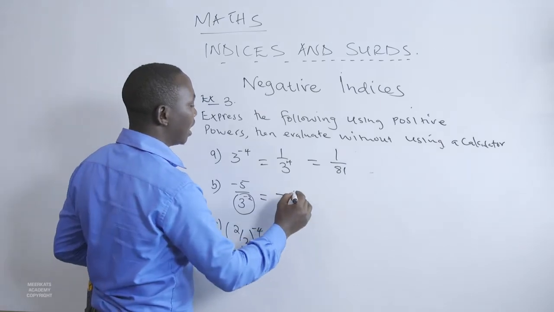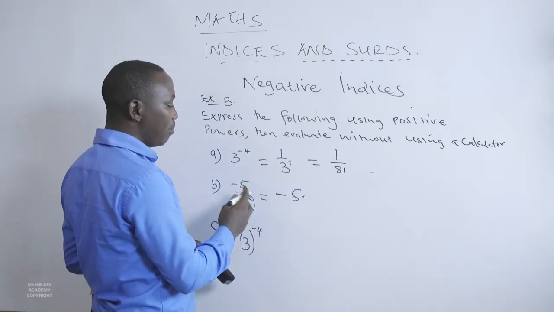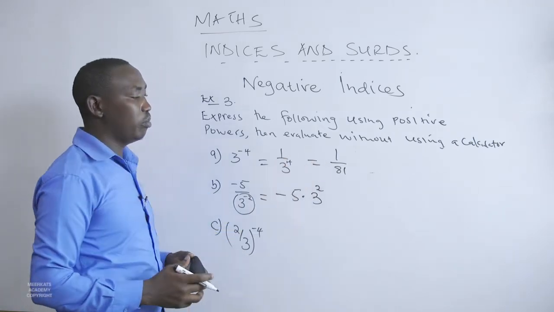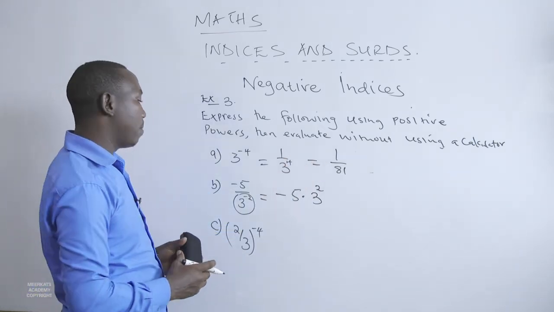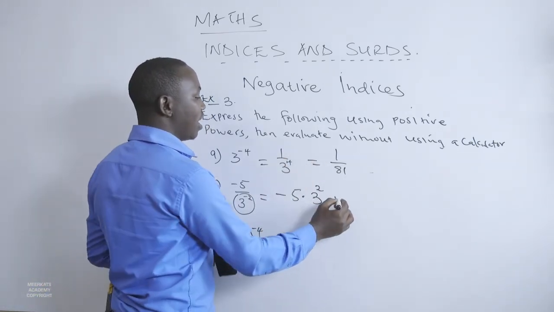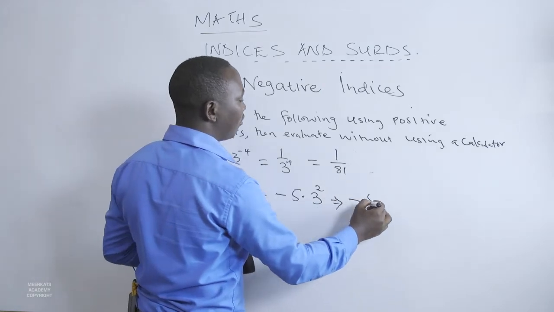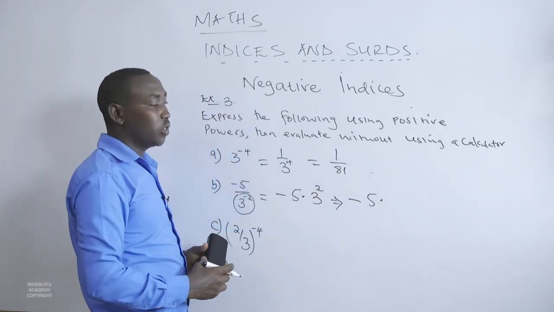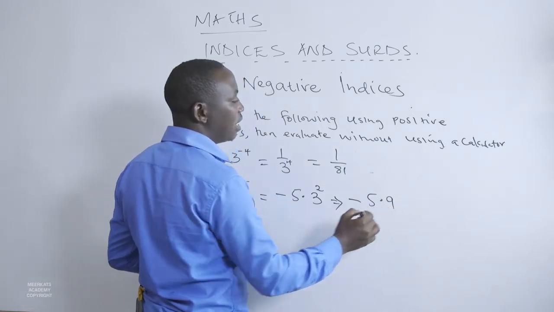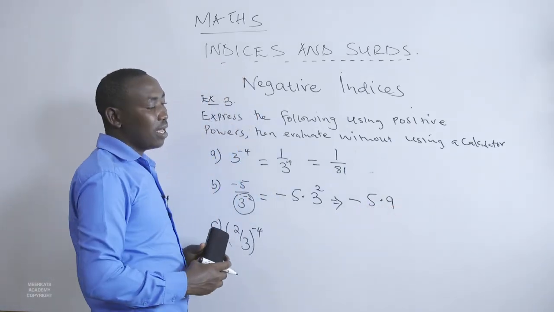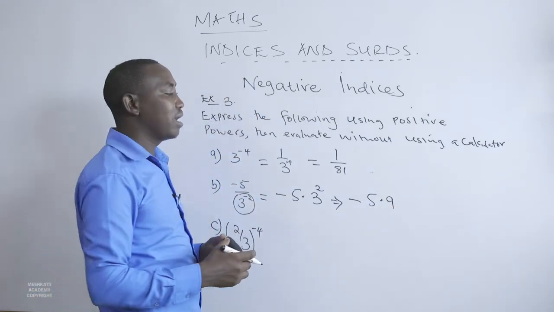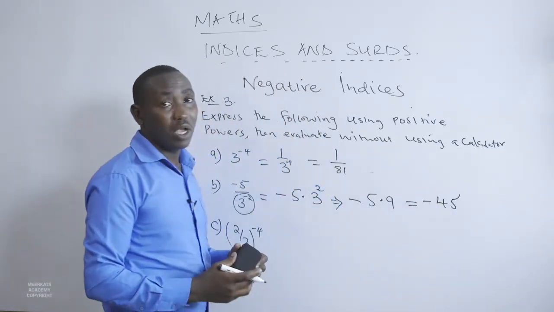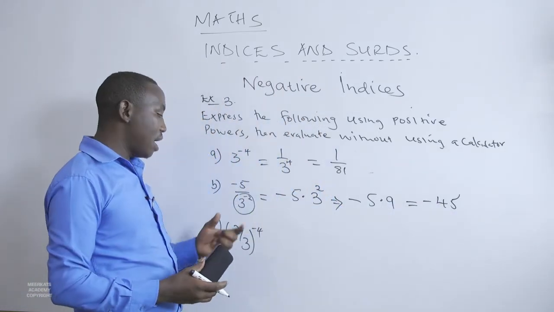So we shall have negative 5 multiplied by the reciprocal of a third, which will be 3, and the power changes to be raised to power 2. So this will give us negative 5 multiplied by 3 raised to the power of 2, which is 9. And when you multiply negative 5 by 9, you will get negative 45. So we have now evaluated that bit.